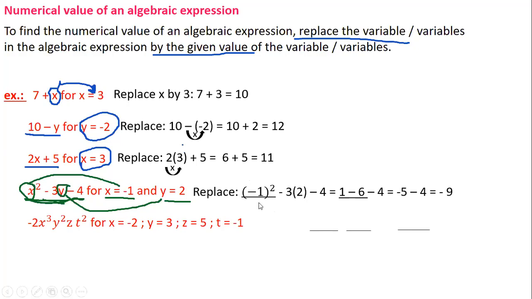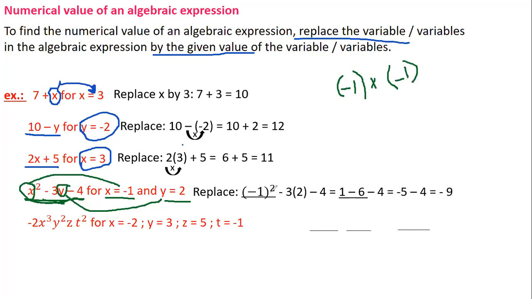Now, what do we mean by -1 squared? Who can tell me what is -1 squared? Quickly. We multiply -1 by itself how many times? 2 times.